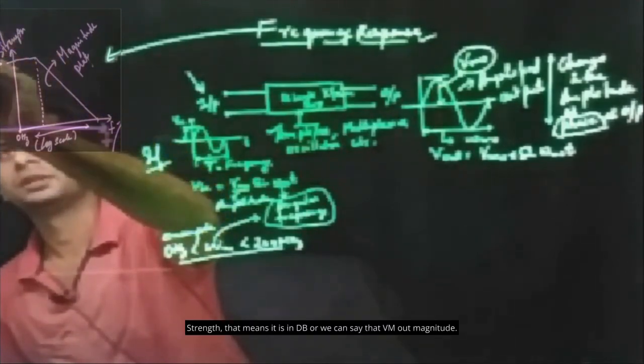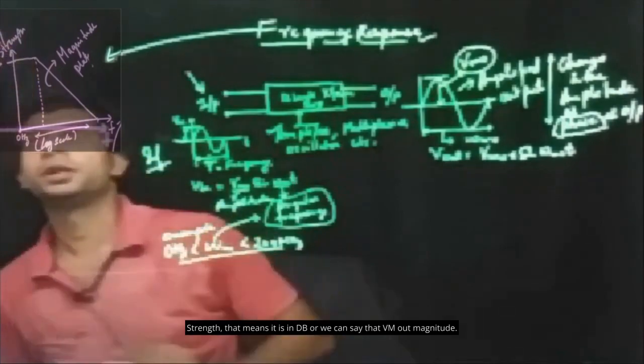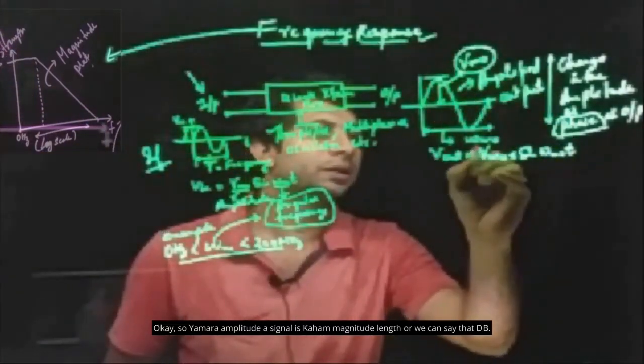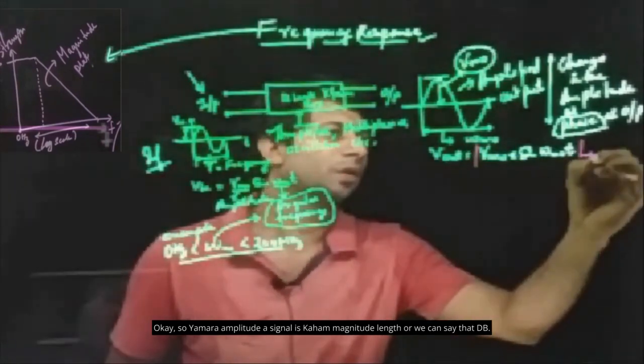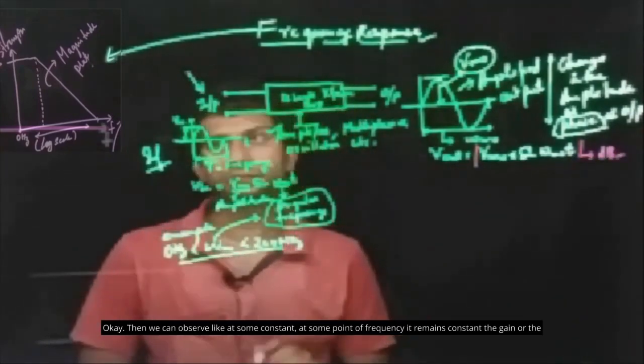Strength means it is in dB, or we can say Vm out magnitude. Okay, the amplitude of this signal, we will take its magnitude, and we can say dB.